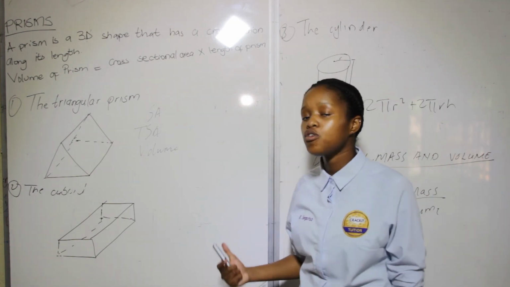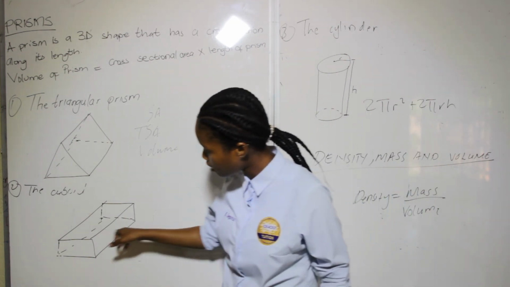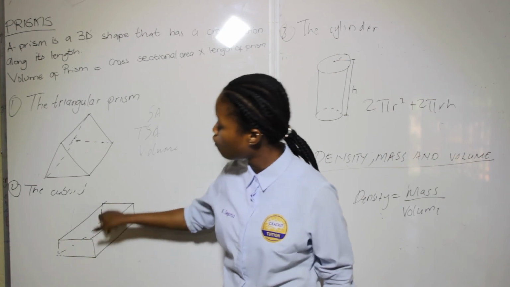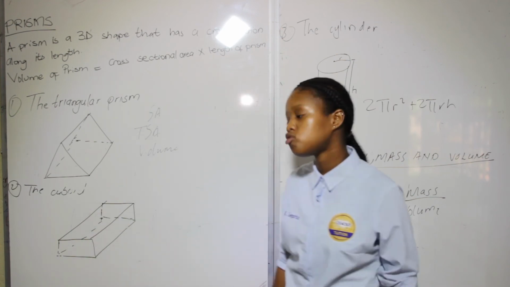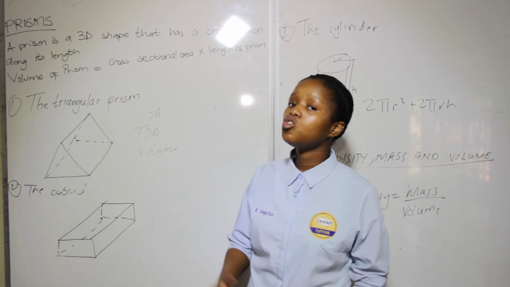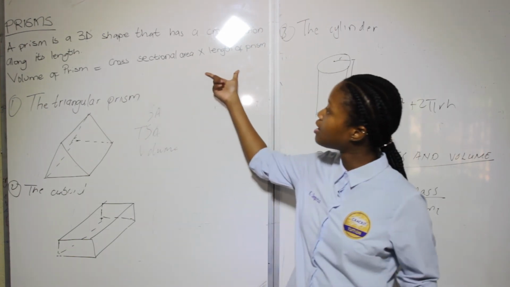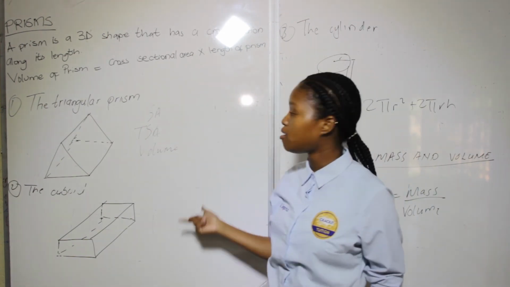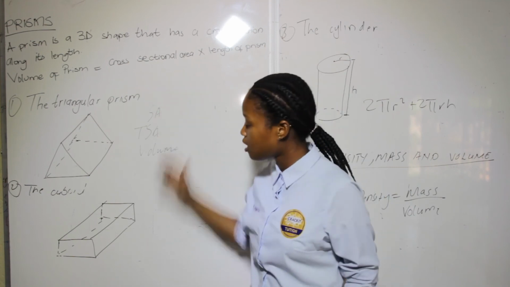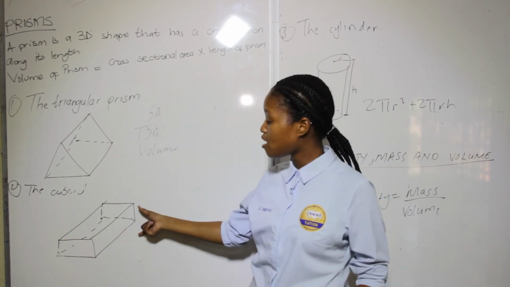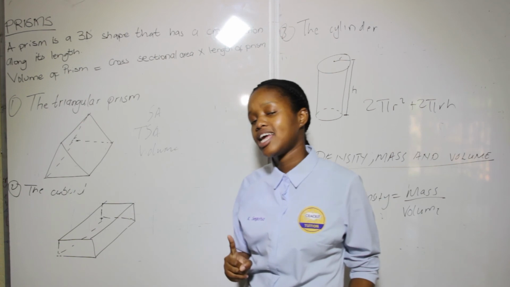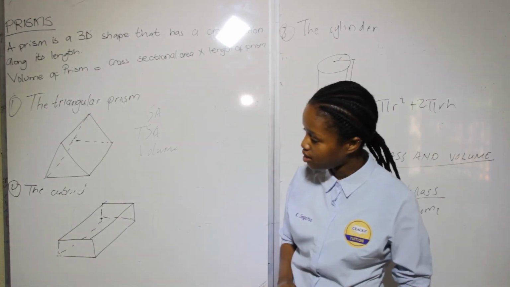As you already know, a cuboid has 6 faces: 1, 2, 3, 4, 5, and 6 at the bottom. And the volume, you still use the same formula, cross-sectional area multiplied by the length of a prism. Cross-sectional area is going to be the area of one rectangle. So I hope you get that.